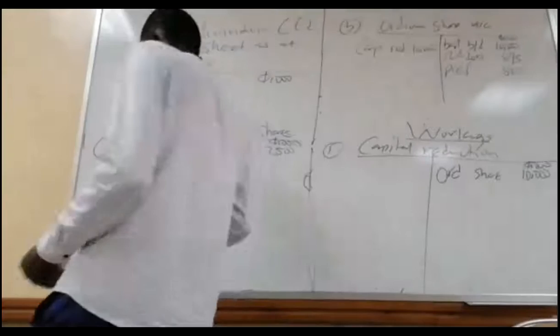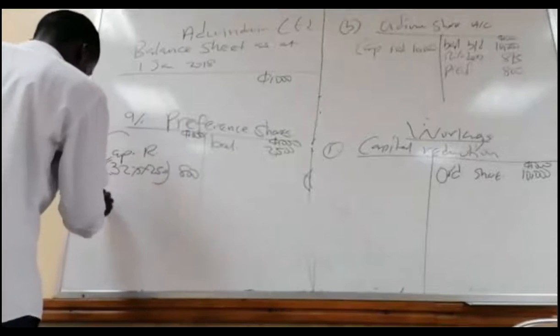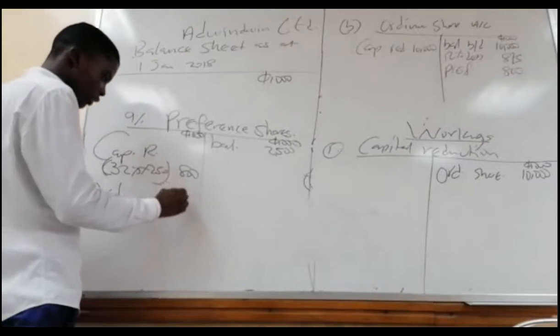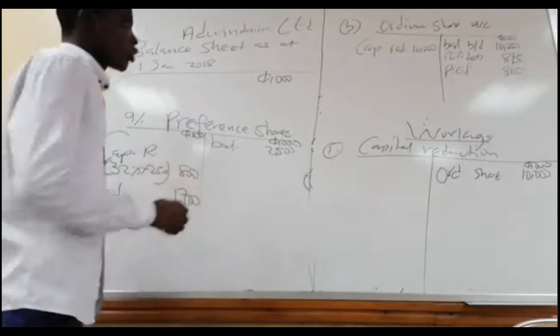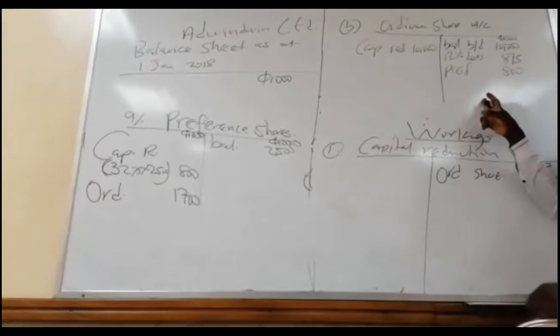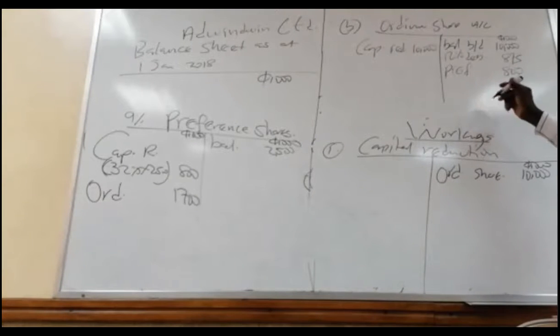The remainder must go to where? Ordinary shares. So I'll write here ordinary share capital, 1,700. Then I'll go to the ordinary shares account and record it here. Ordinary share capital.